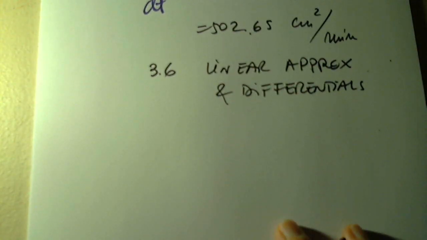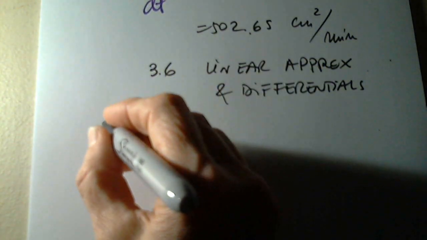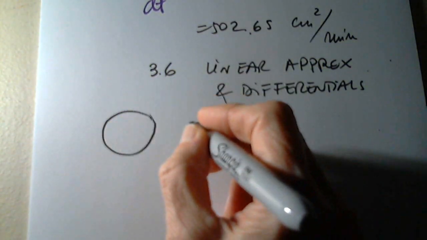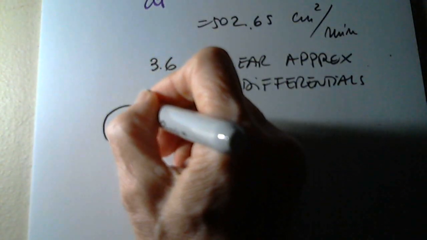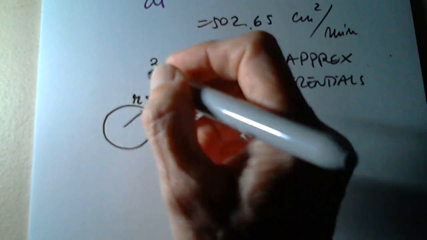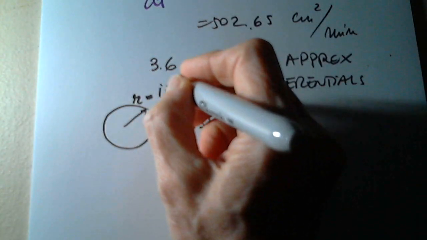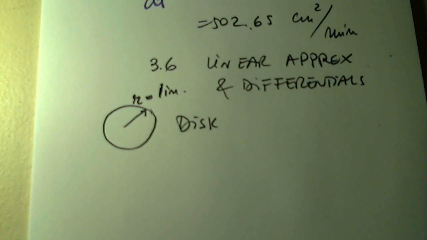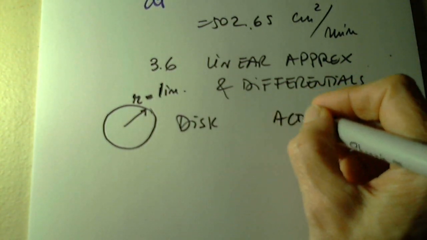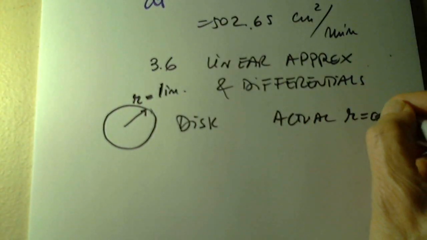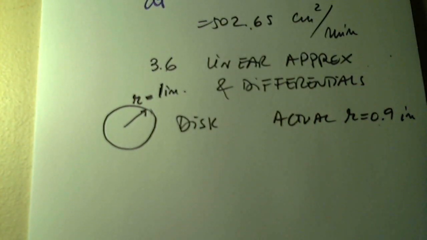Okay. Let's suppose I have a disk. And the disk has a radius, or it's supposed to have a radius, very simple, 1 inch. 1 inch. But it doesn't. I made an error. It can be in minus or it can be in plus. So let's suppose the actual is 0.9 inch.